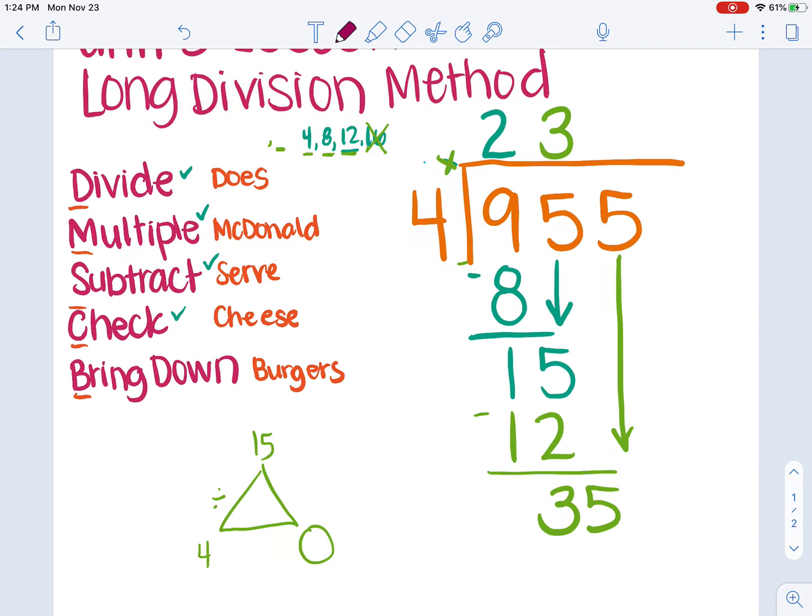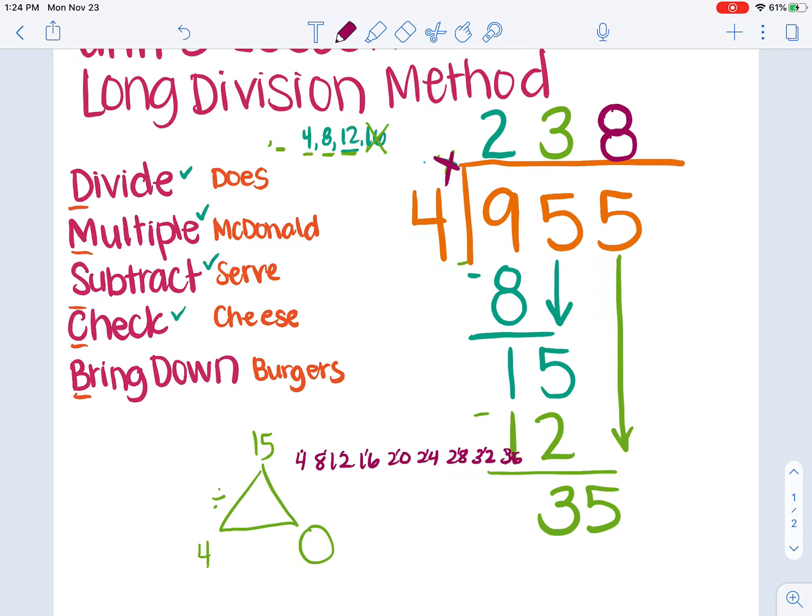How are you doing? Hope you're doing okay so far. Now we're trying to get up to 35. So 4, 8, 12, 16, 20, 24, 28, 32, 36. Oops, 36 is too big. So 1, 2, 3, 4, 5, 6, 7, 8. 35 divided by 4 is 8.